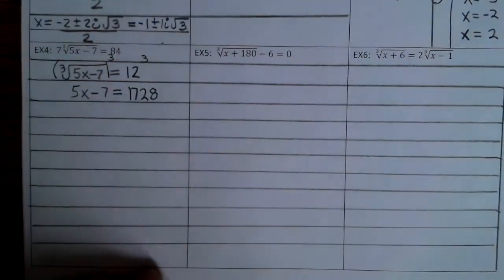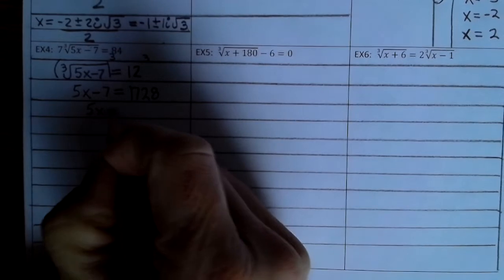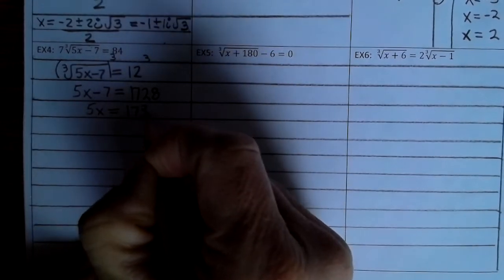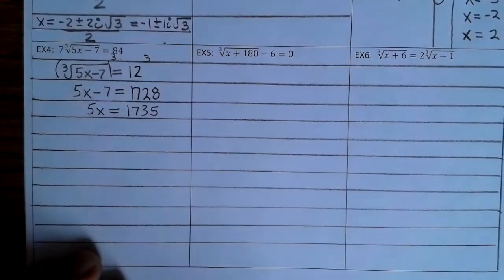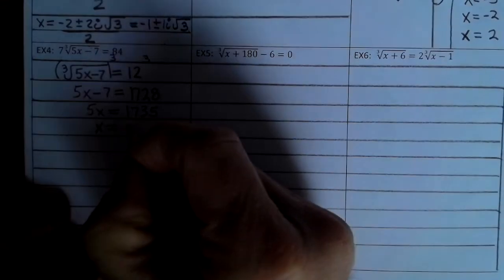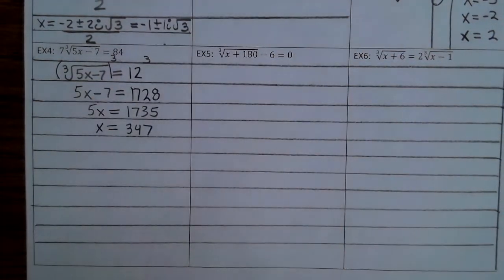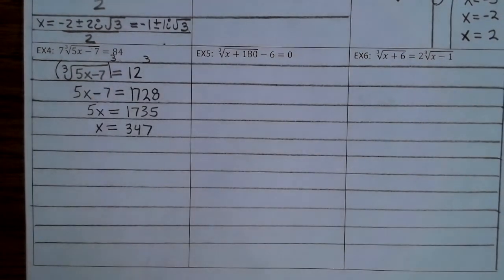Divide both sides by 5, and you get x equals 347. Okay. All right, let's go ahead and finish up example 4.